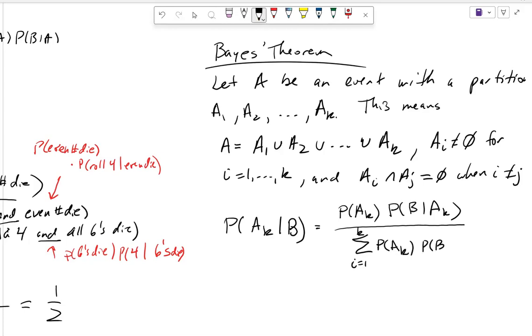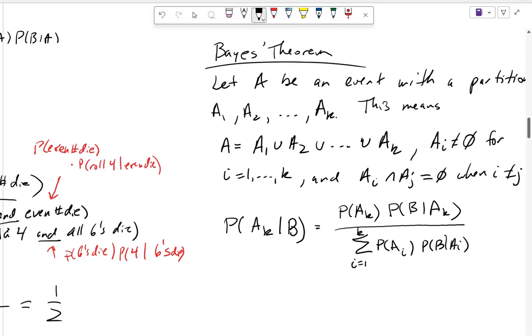My apologies. I was thinking about it incorrectly. We have the probability of B on bottom. I can take B and intersect it with each of the pieces that make up my A and rewrite my probability of B in this fashion like we did in the previous example.